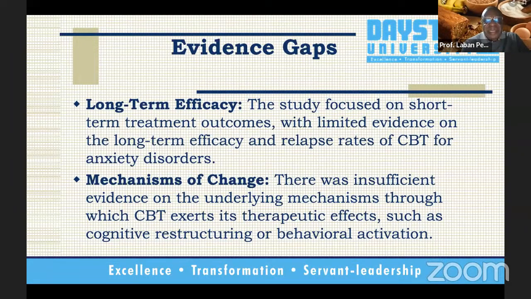Those are the gaps. And where are you going to get these gaps? You must sit down and read articles around your area. Mechanisms for change: there was insufficient evidence on the underlying mechanisms through which CBT exerts its therapeutic effects, such as cognitive restructuring or behavioral activation.